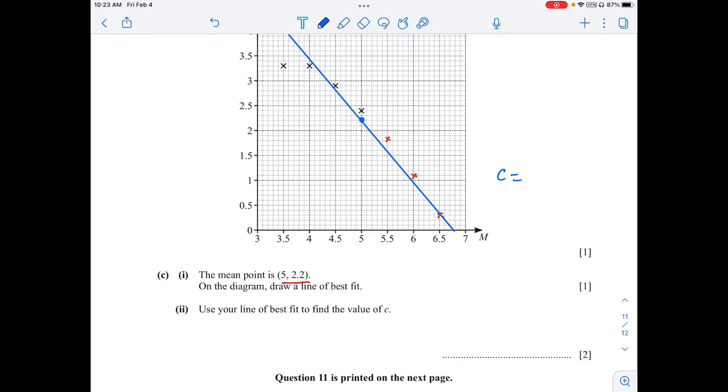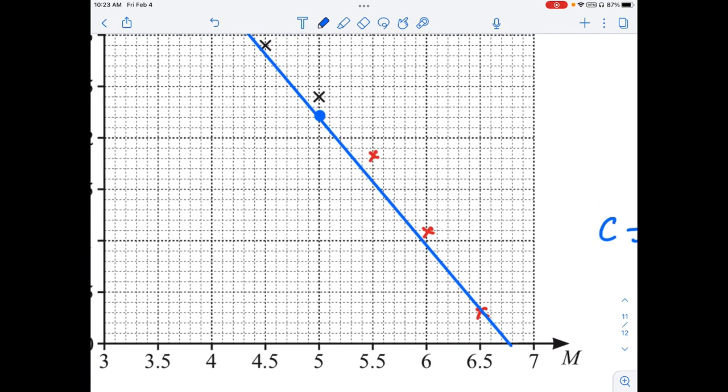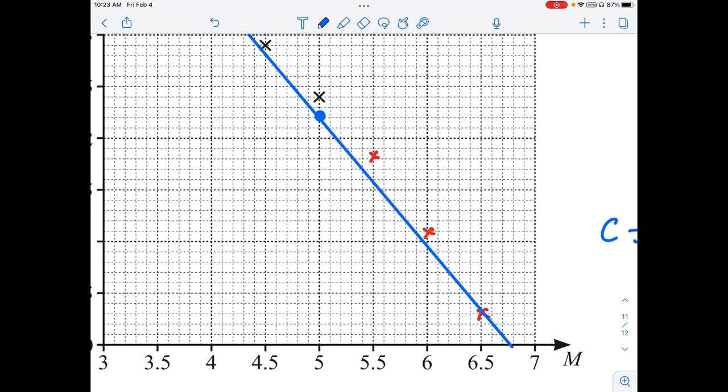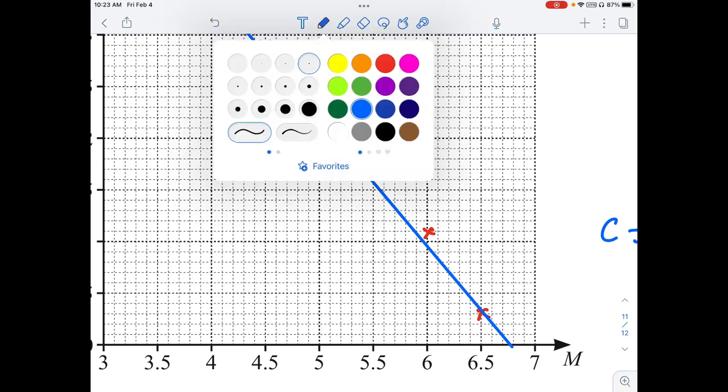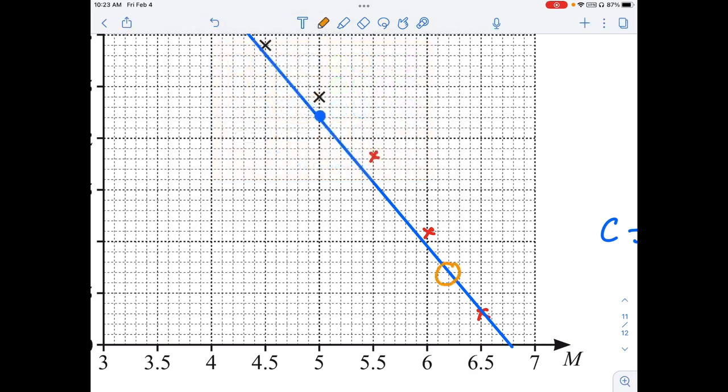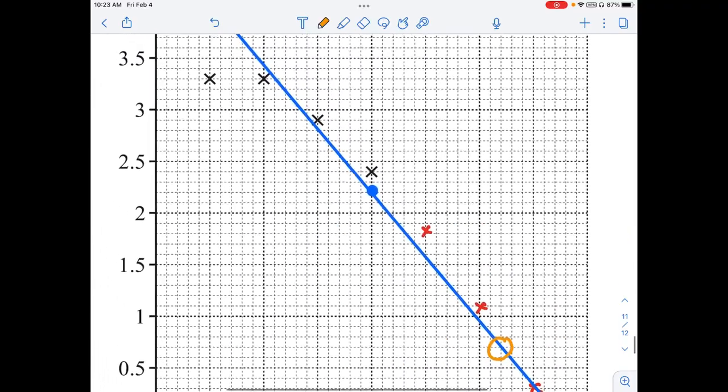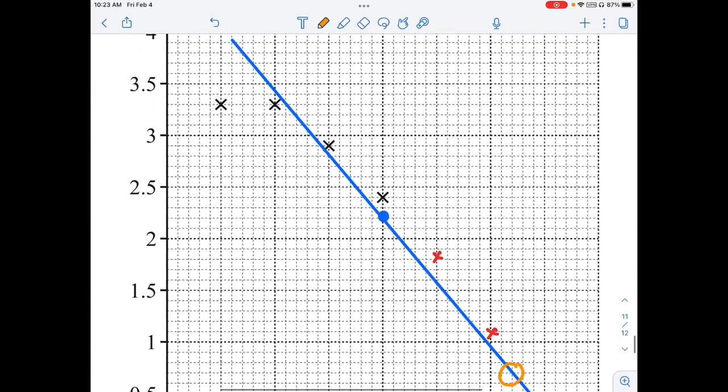So what am I going to do? I am going to zoom in and take any 2 perfect points, maybe this point, and maybe this point.